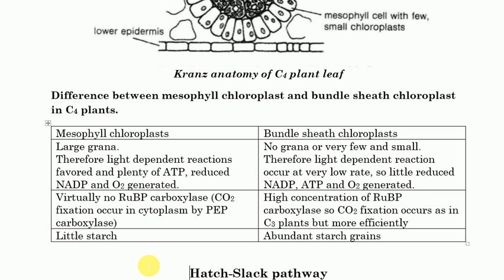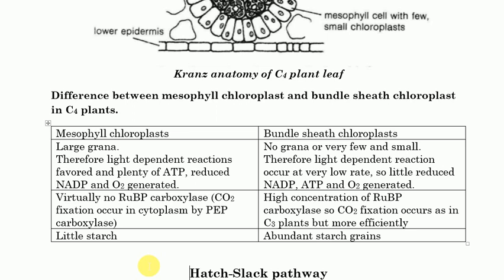Why it is more efficient, we shall see later, because PEP carboxylase already pumps a lot of carbon dioxide into the bundle sheath chloroplast. Now the concentration of carbon dioxide in the bundle sheath chloroplast is higher. Thus, the enzyme RuBisCO will function more efficiently.